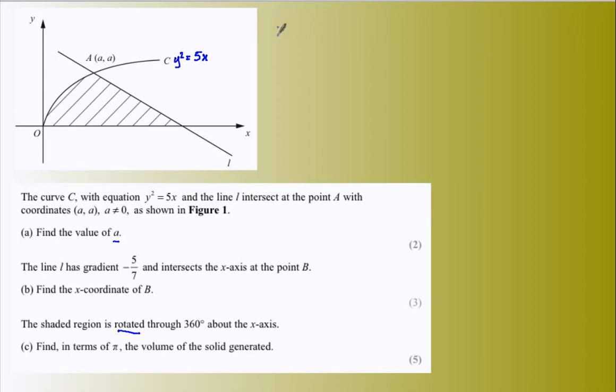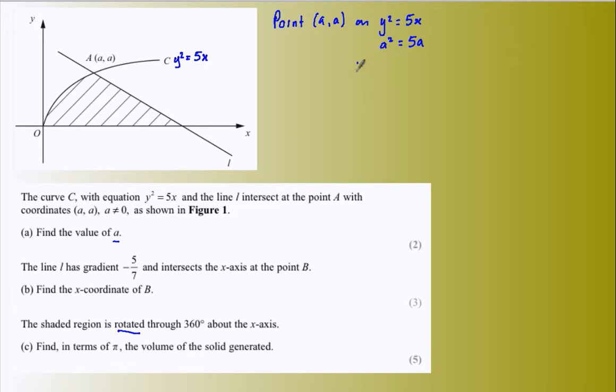So what we have is point A(a, a), and this is on y squared equals 5x, which must mean that a squared, putting x and y as a, that must be true.